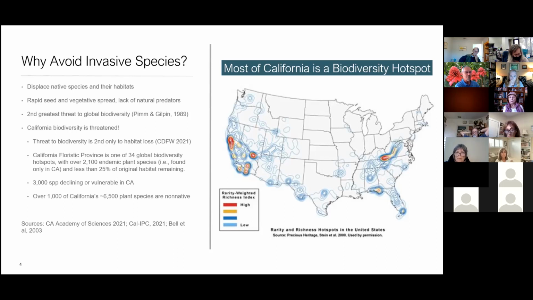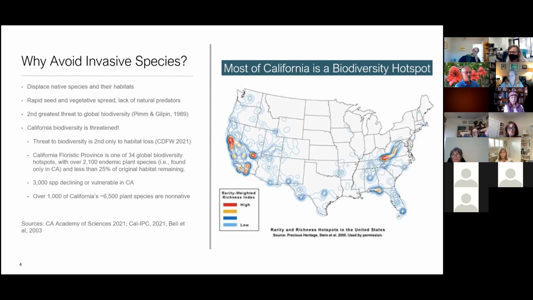What makes California a hotspot is the high number of plant species that are only found in California, nowhere else on the planet. Over 2,000 plant species are found only in California, and less than 25% of the habitat is remaining due to all the conversions that have occurred. So that's what makes it a hotspot.